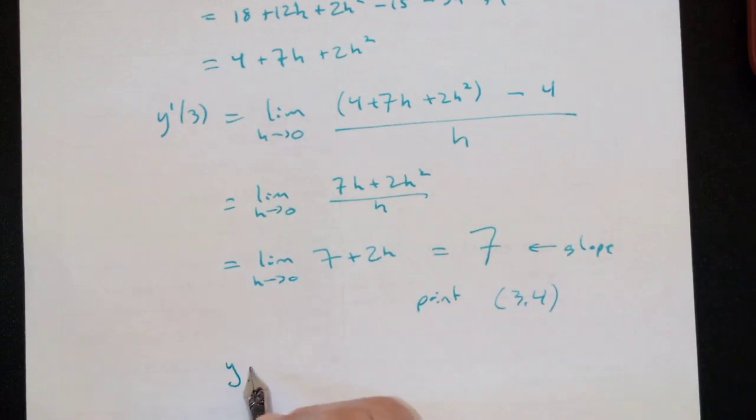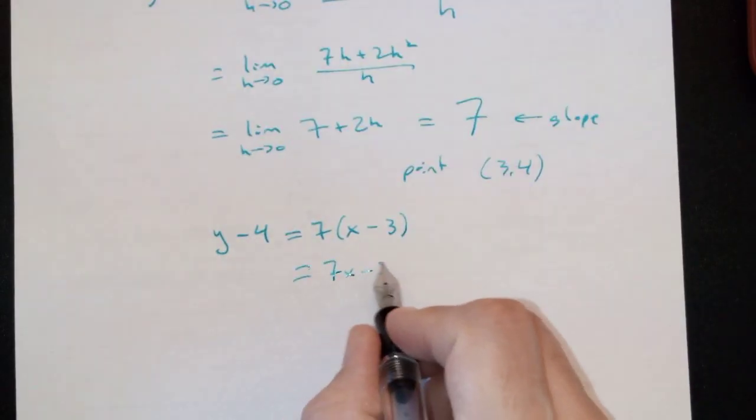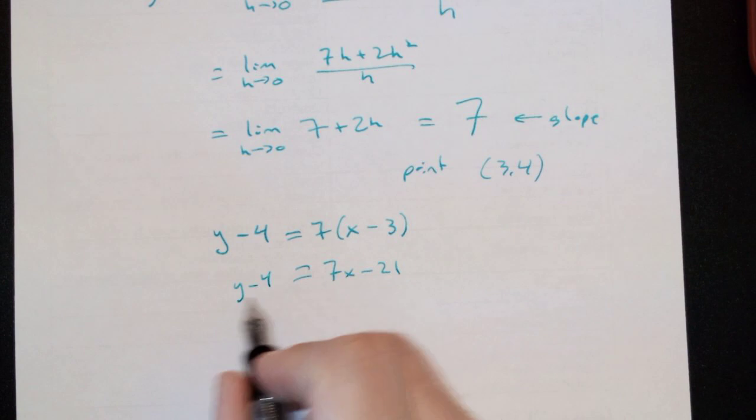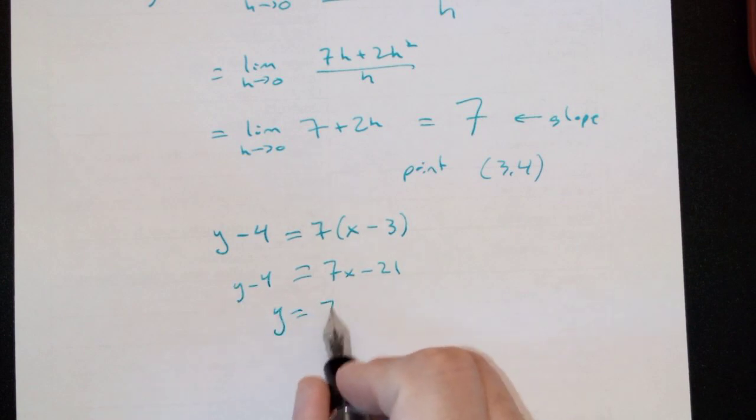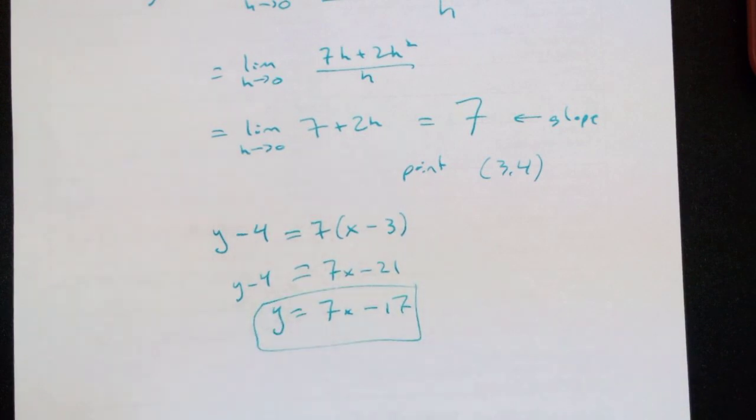I'm going to use the point slope form. And now I multiply that. On this side, I get 7x minus 21. I'll move the 4 over, 7x minus 17. There's my tangent line.